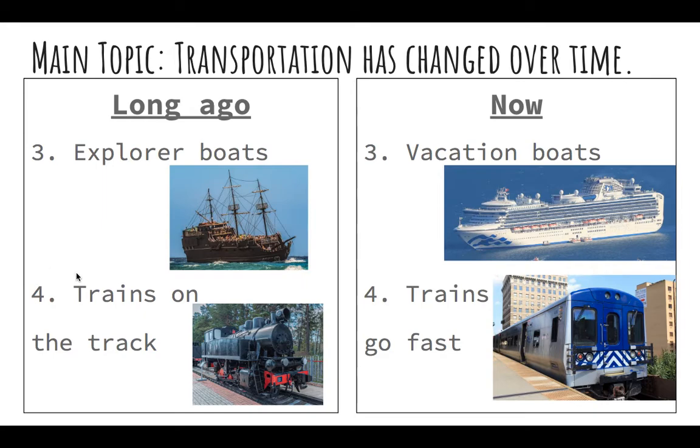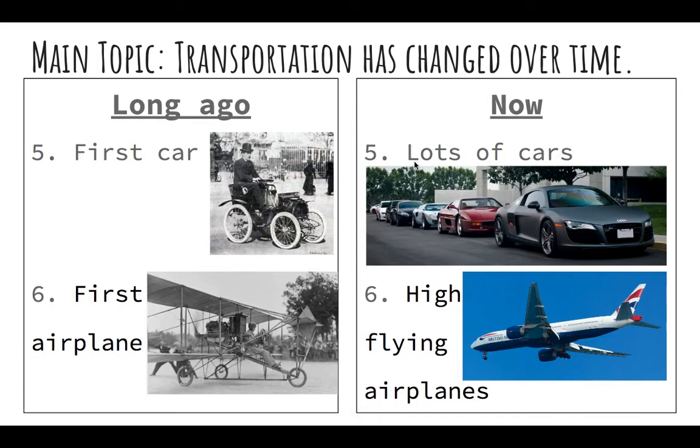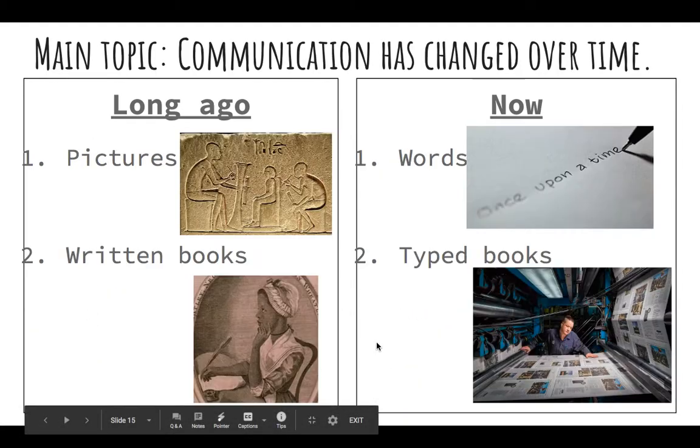Long ago, the trains on the track were slow. Now trains go fast. Long ago, there was the first car. Now there are lots of cars. Long ago was the first airplane. Now we have high-flying airplanes.